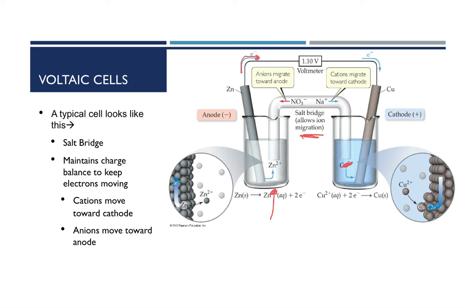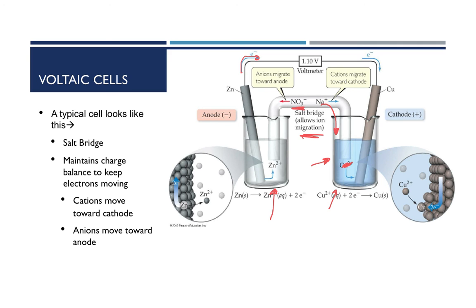So you have to neutralize or keep the charge neutral between the entire thing. You put a salt bridge in here, and as the copper ions are used up on the right side, they get replaced by sodium ions in the solution, so that the charge balance is maintained and this solution stays neutral.